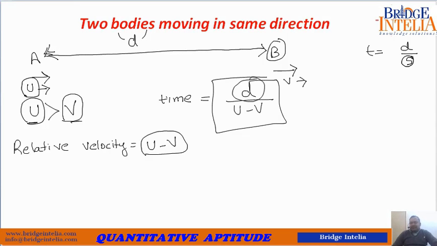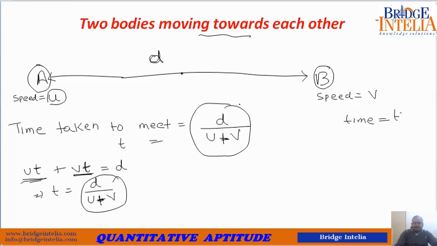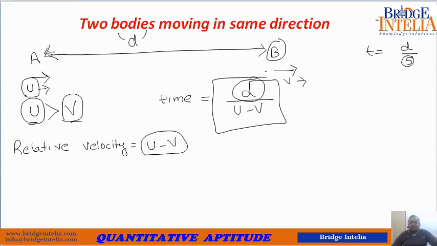Now you remember, look at the previous case. When they were moving towards each other, they were helping. That's why the plus sign came there. Distance was d. Now they are not helping. Is B helping A? No, B is not helping A. B is making the job difficult for A. That's why speeds are subtracted.